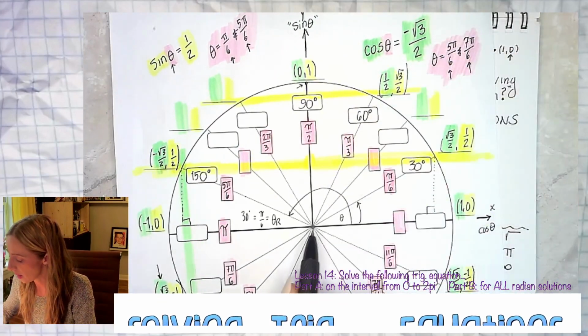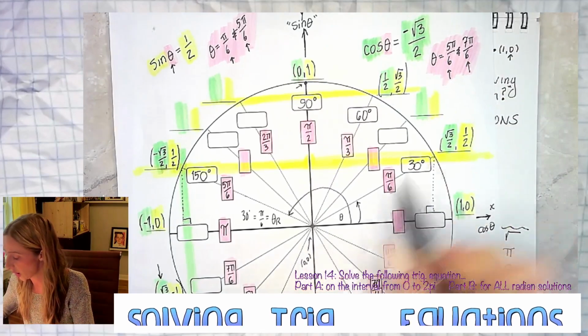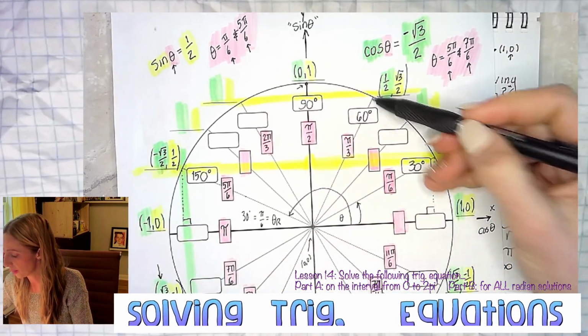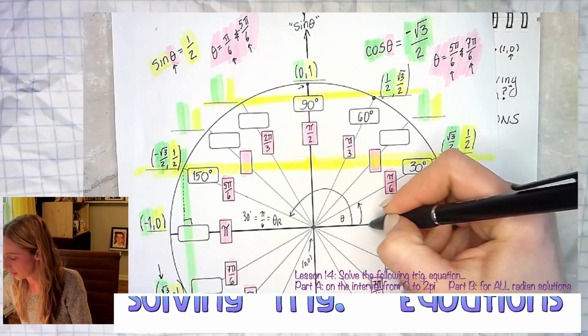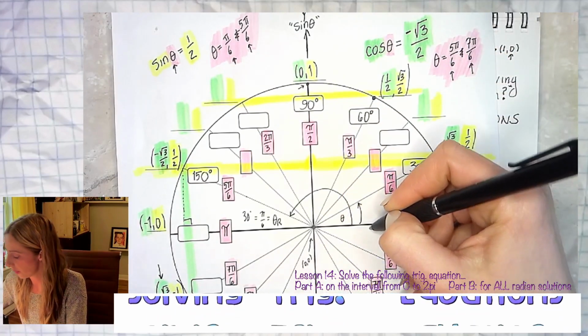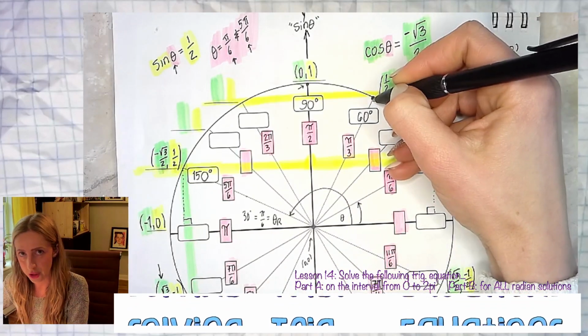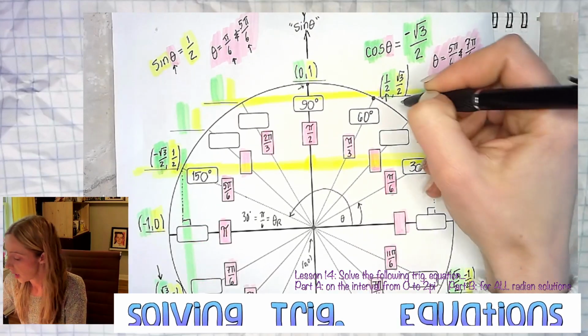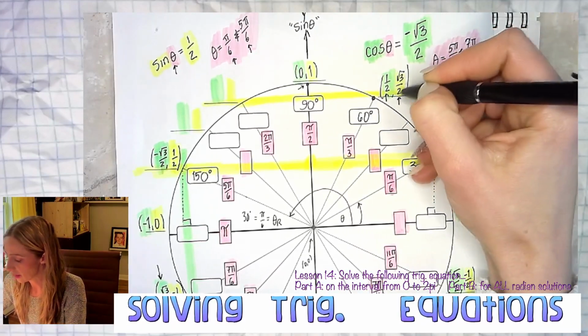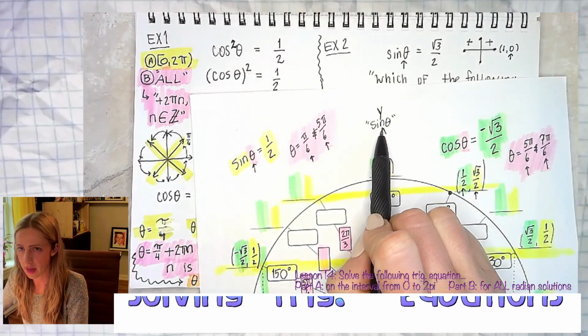And then the ordered pair, I would use the words little and a lot. So I go over a little, up a lot to get to this spot right here. What's a little? 1/2 in my vocabulary. A lot is radical 3/2. Over a little, that's your cosine. Up a lot, that's your sine. I even put y is sine theta.